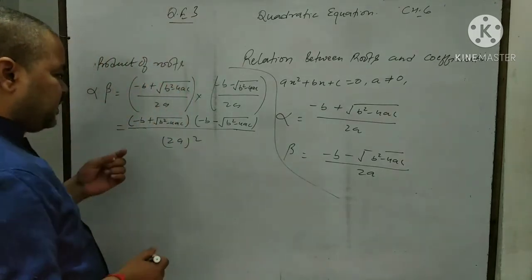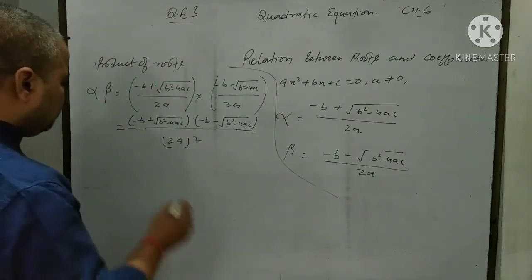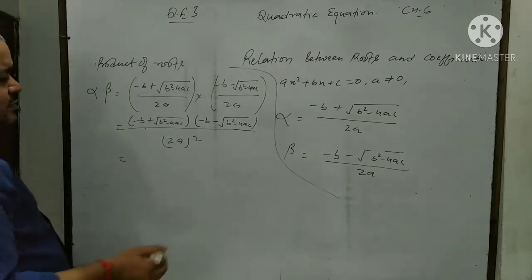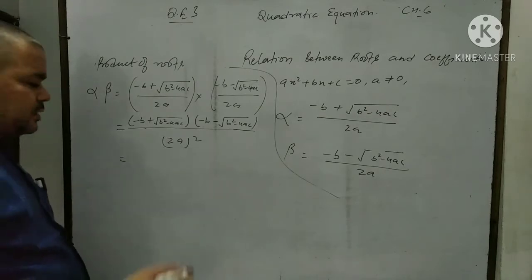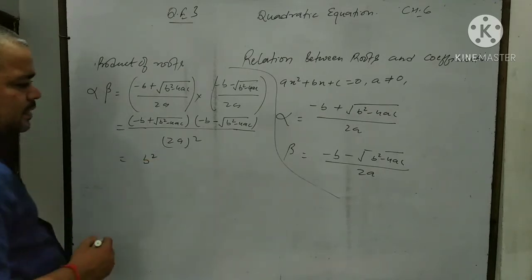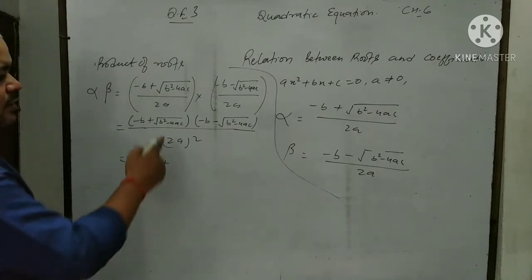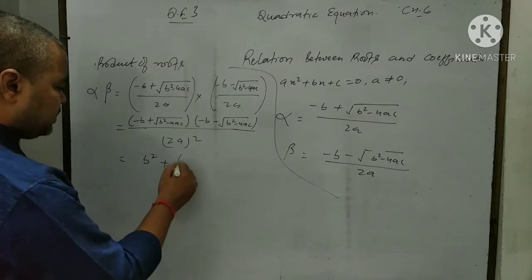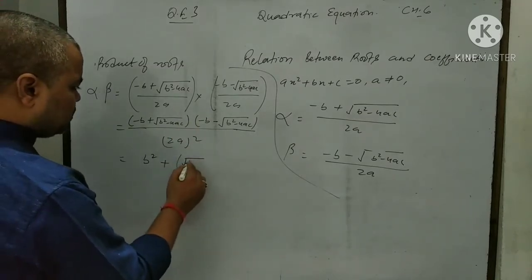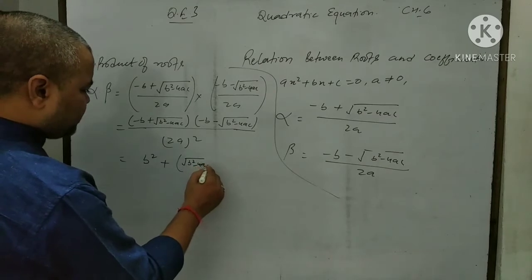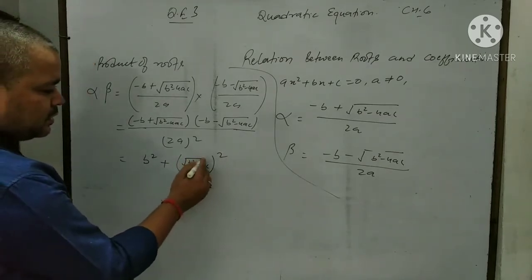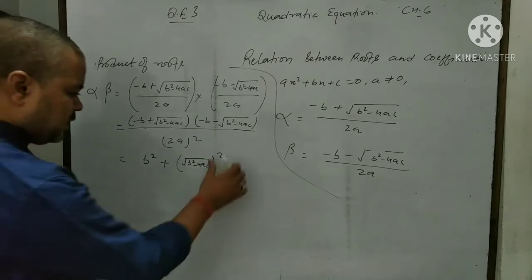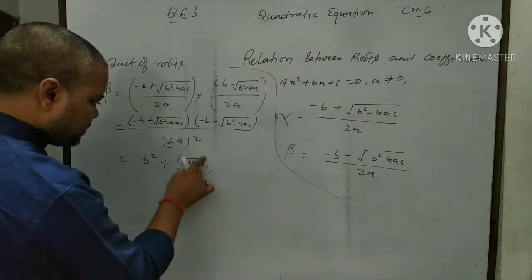Here we can write x square minus y square. So at the place of x, minus b, its square will be minus b whole square, it will be b square, and minus the square of under root b square minus 4ac, its square, and the under root will be removed.